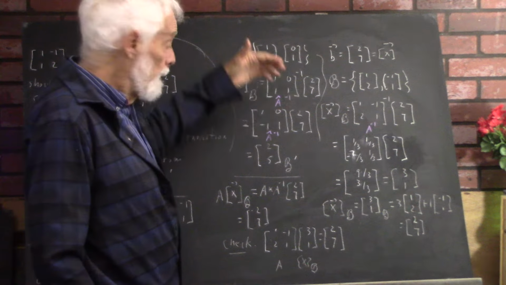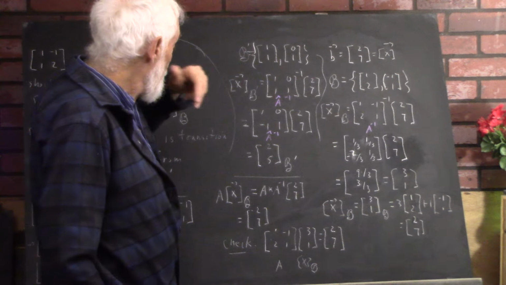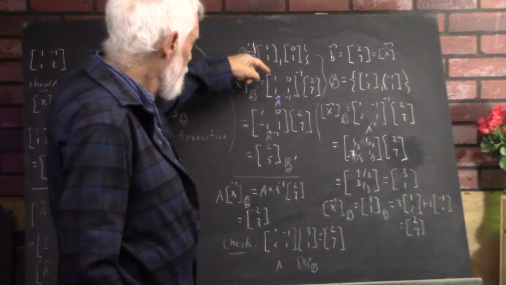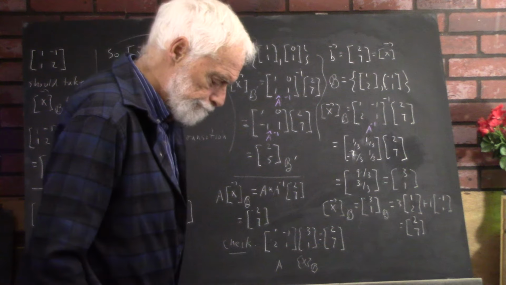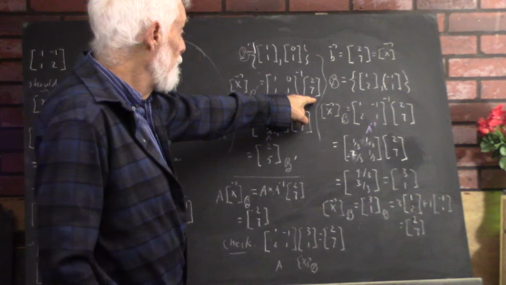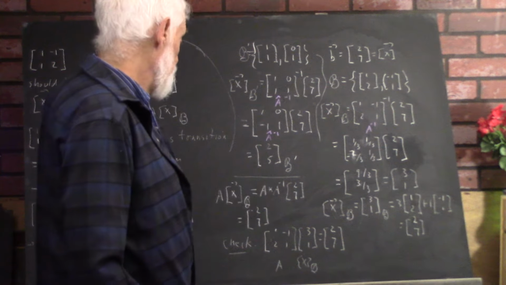Okay, so there's your inverse of your transition matrix. The transition matrix, your columns are the basis vectors. Multiply the original by the inverse, just as we did over here, and you get 2, 5.